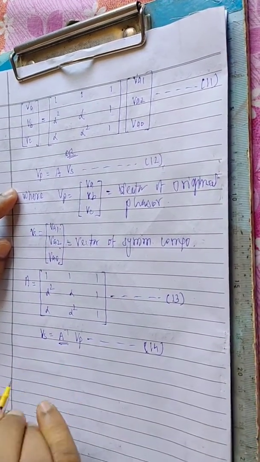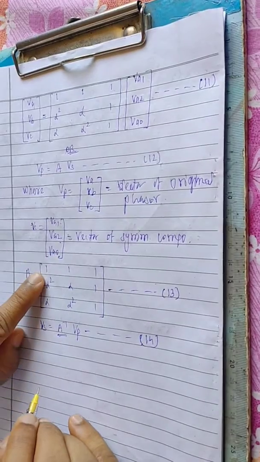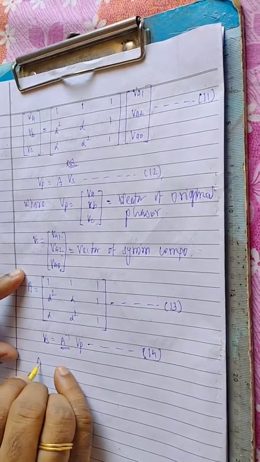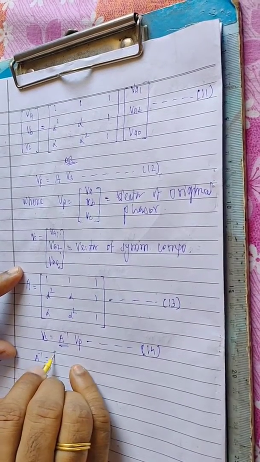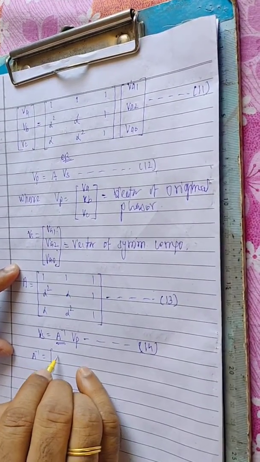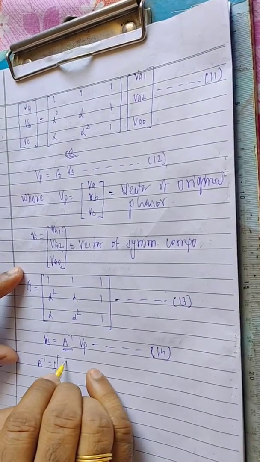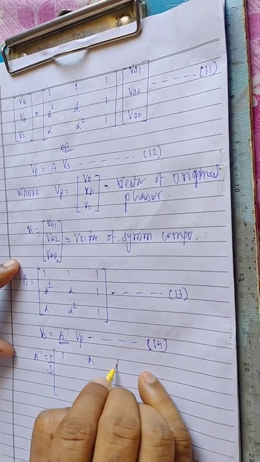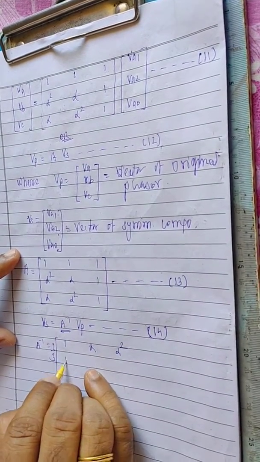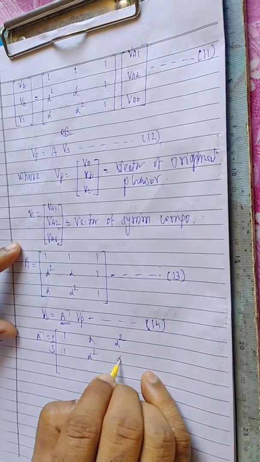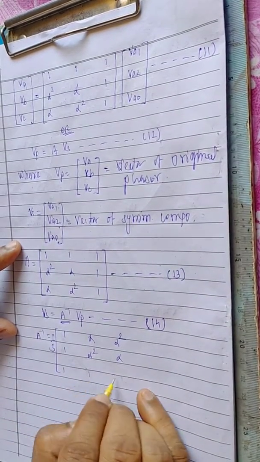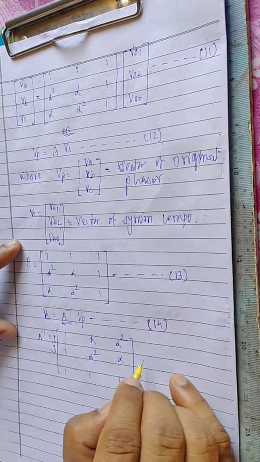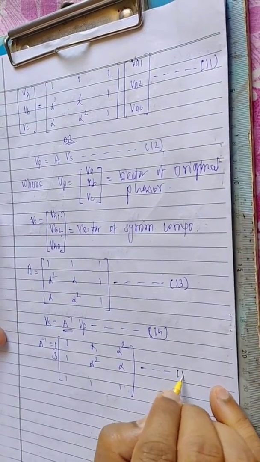First finding the inverse of matrix A, the inverse of matrix A is 1 upon 3 into the matrix with rows 1, alpha, alpha square; 1, alpha square, alpha; 1, 1, 1. This is the inverse of matrix A, and this is equation 15.